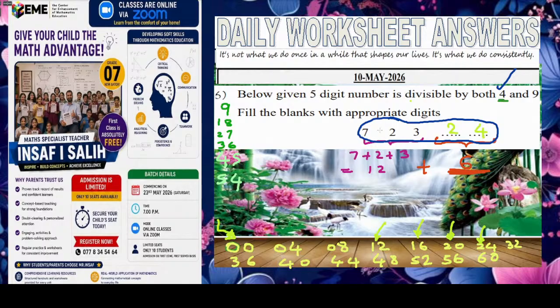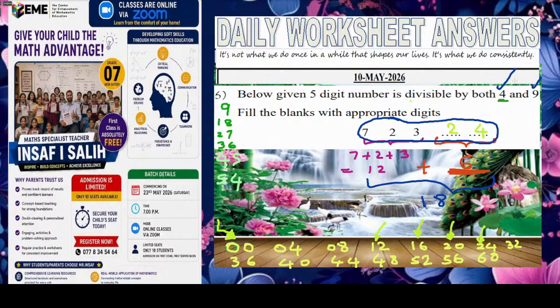When we add 7 plus 2 plus 3 plus 2 plus 4, what do we get? We get 12 plus 6, 18. So 18 is a multiple of 9, which means 72,324 is divisible by 9. So 72,324 is a number divisible by both 4 and 9.